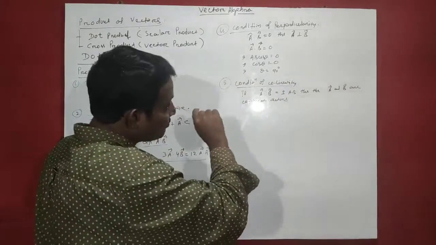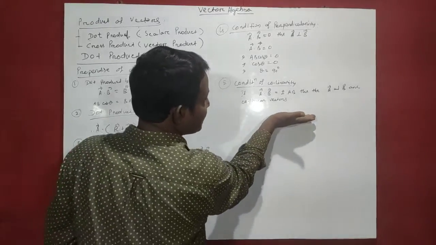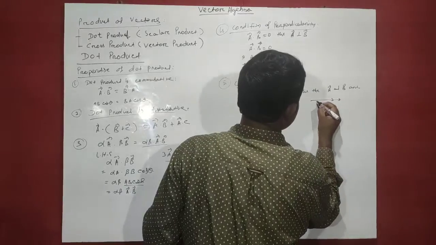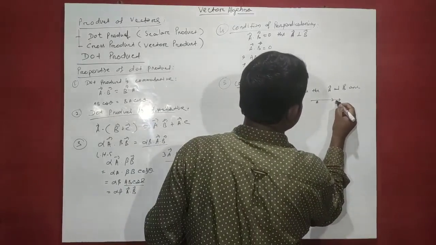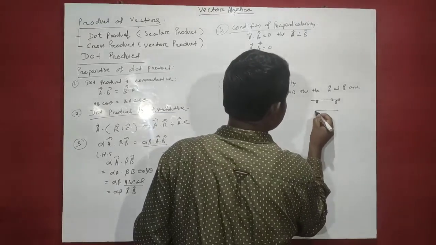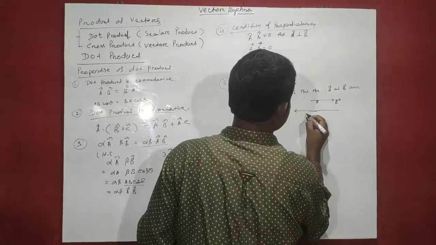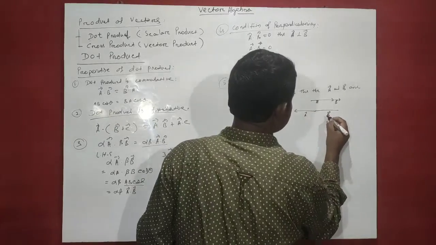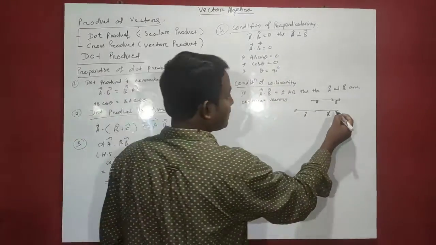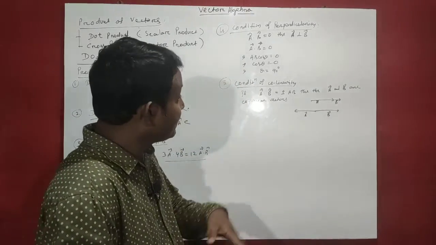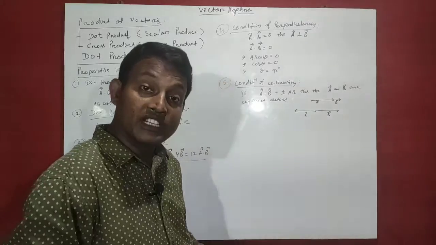Vectors A and B are both along one line, in the same direction or in opposite directions. So these are called collinear vectors.